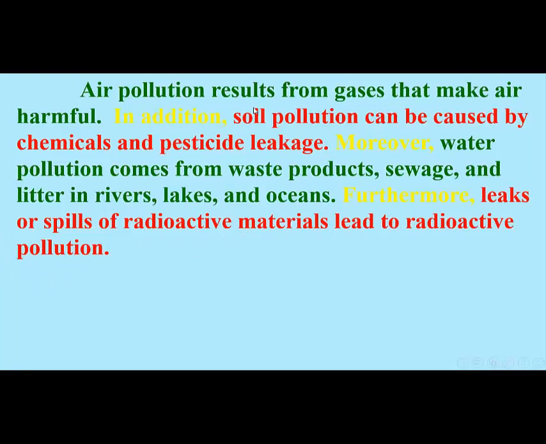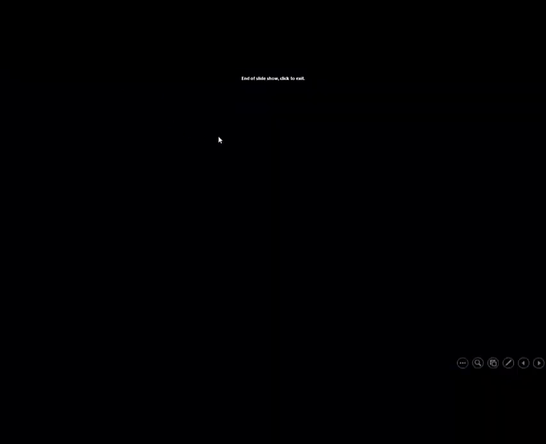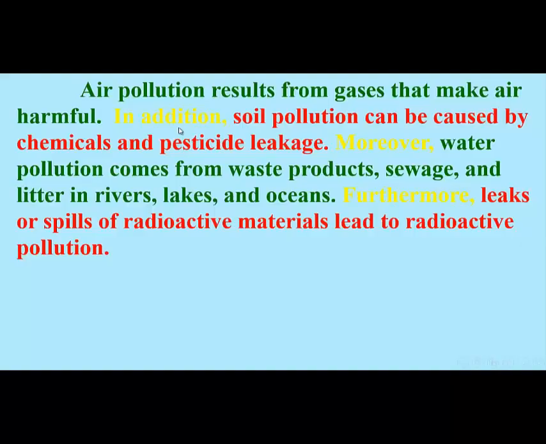So this is the model summary. I can count the sentences here. I have a paragraph with indentation, a margin. I started with a capital letter. You see here in yellow the connectors: in addition, moreover, furthermore.